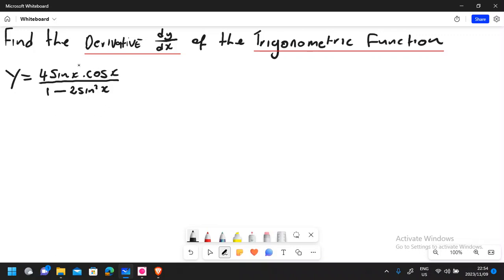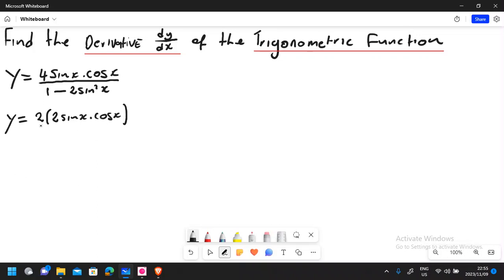As you can see, before we do anything else, we need to simplify this one. So let's do it. First of all, let's look at the numerator. We can manipulate it so that we have 2 sine x multiplied by cos x.